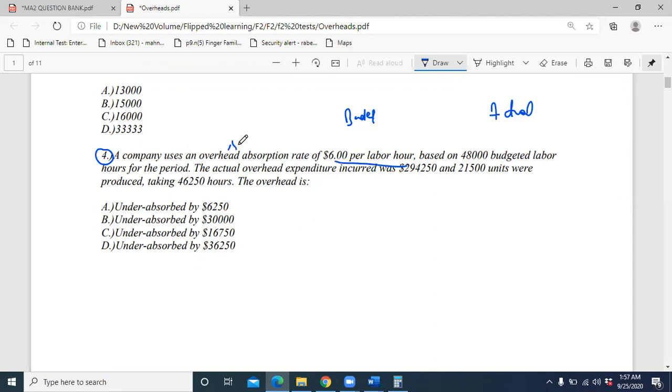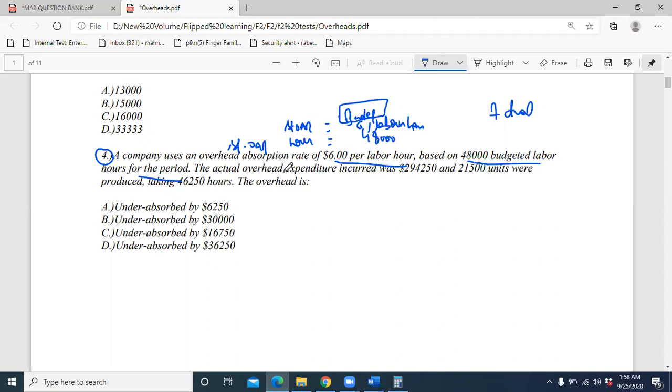Always know the absorption rate is basically the standard overhead, based on 48,000 budgeted labor hours for the period. So in the budgeted data, we are given the standard OAR, which is 6 per labor hour, and we are also given the budgeted hours, which are 48,000.